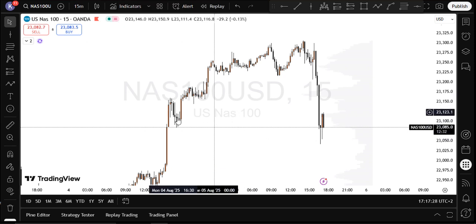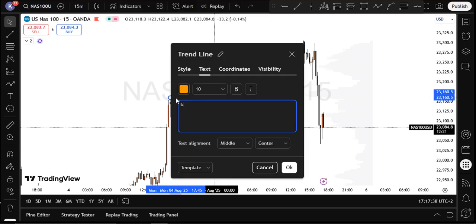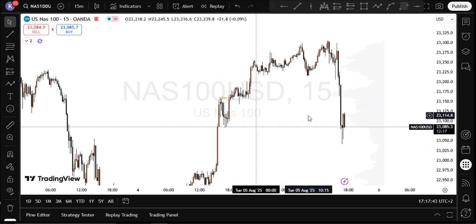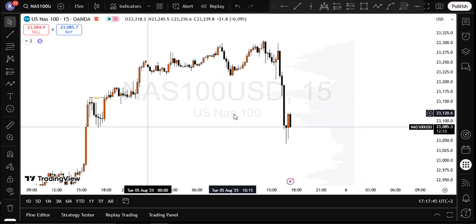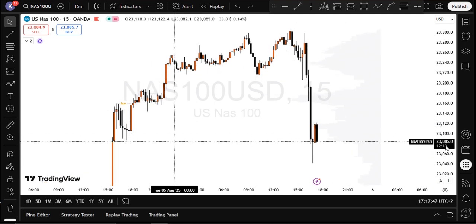And then yesterday, where did we last get a break of structure? Exactly here. This is where the market took out a high. So we are more interested in this area as our TP if we are looking for selling opportunities, because that's where the market took out a high. Remember, this is not a confirmed break of structure.